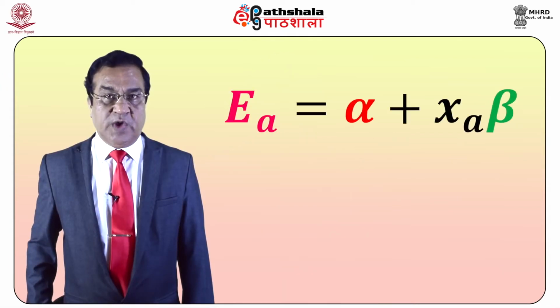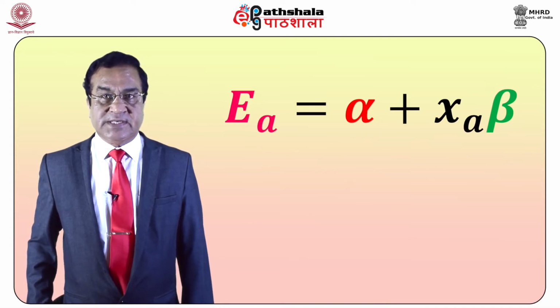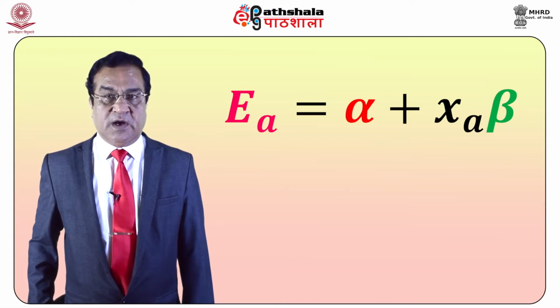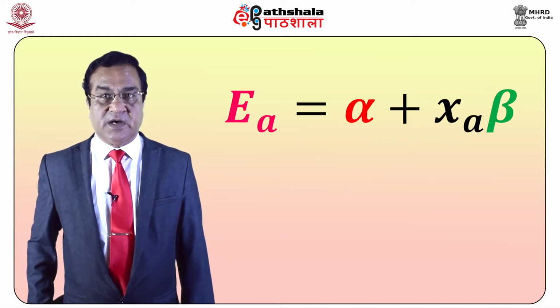The energy of any ath molecular orbital is given by Ea is equal to alpha plus xa beta, where xa is the ath root of the polynomial equation which we get by expanding the secular or Huckel determinant.